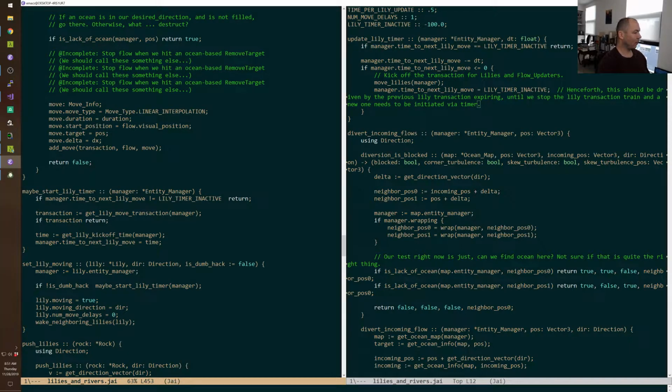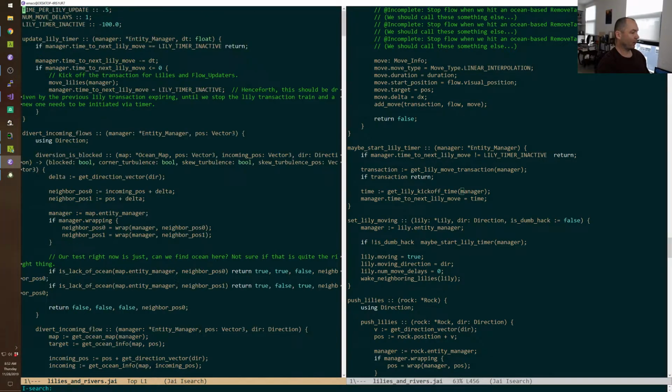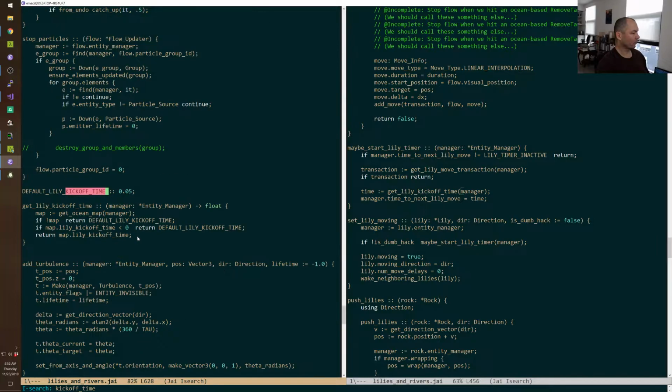And that says, okay, if there's a lily transaction, we don't need a timer. Otherwise, get the kickoff time. So maybe that's just really small. That is really small. 1/20th of a second?